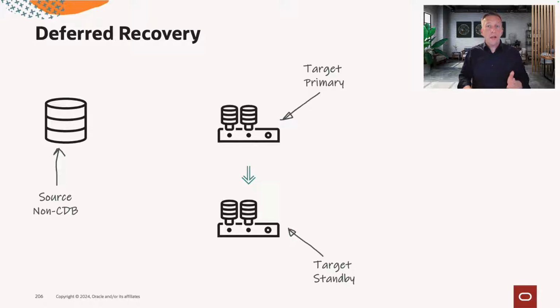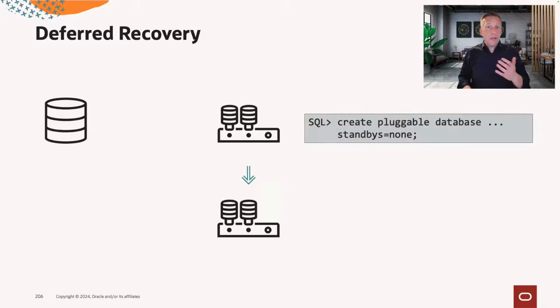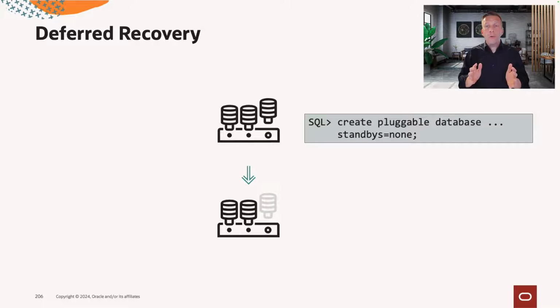If you want to plug into a container database that's protected by DataGuard, you use again the create pluggable database statement, but with deferred recovery, you specify standbys equals none. This tells the standby database that there is a new PDB, but it will not make any attempt to find the data files, so we have a PDB, but no corresponding data files.